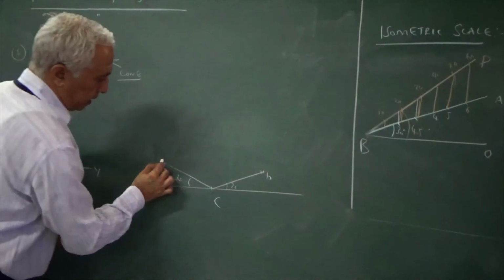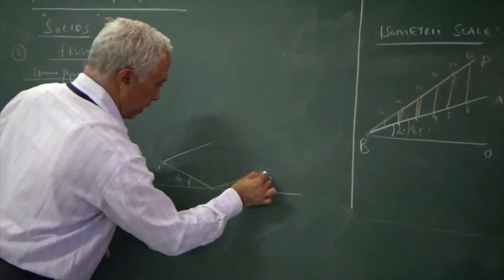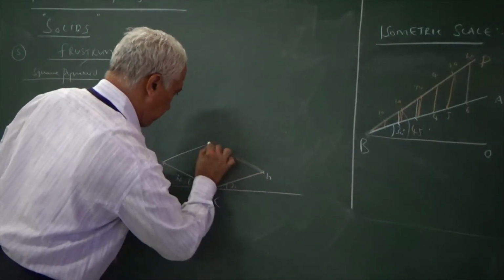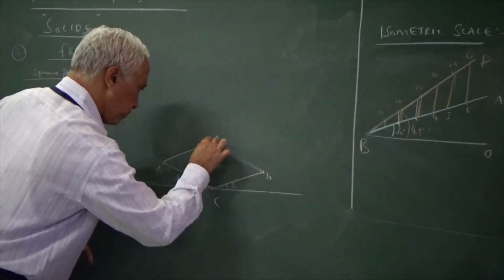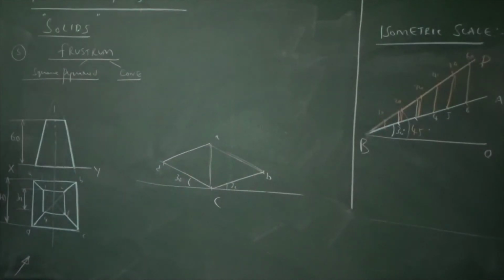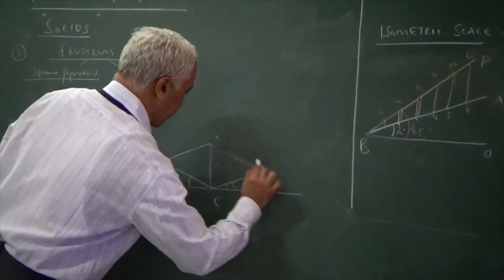From point D, draw a parallel to CB. From point B, draw a parallel to CD. If you complete, you are going to get the point A. You join A and C, exactly vertical line. And you are able to join BD also, which is the diagonal.